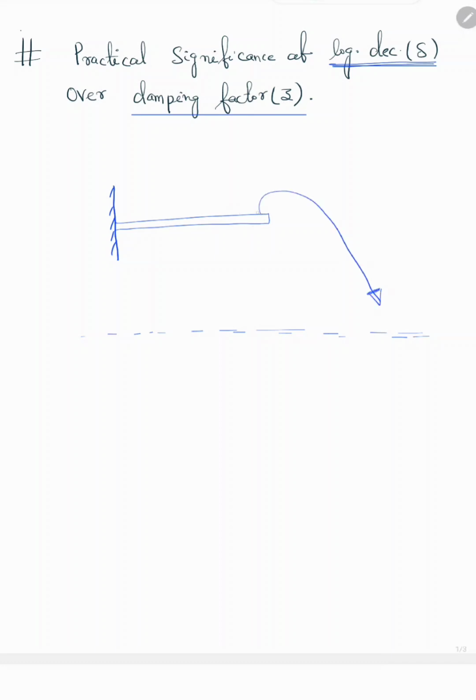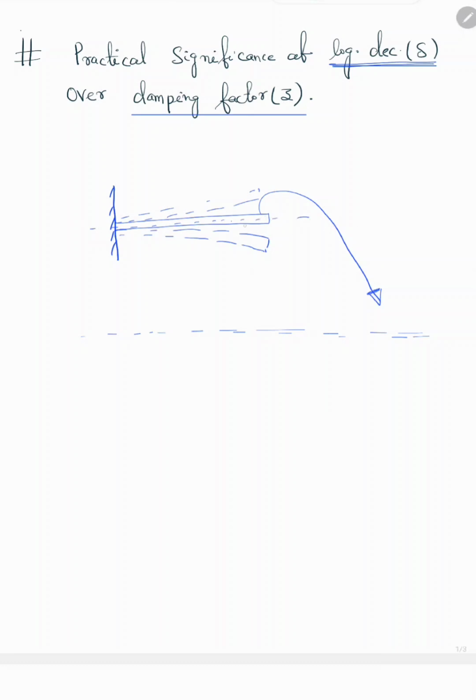Now after they are jumping, you have to design this cantilever beam in such a way that after getting the disturbance, it will vibrate, or have a motion like this. You have to design this system in such a way that after getting this initial disturbance, it should become the mean equilibrium position in a much quicker manner.